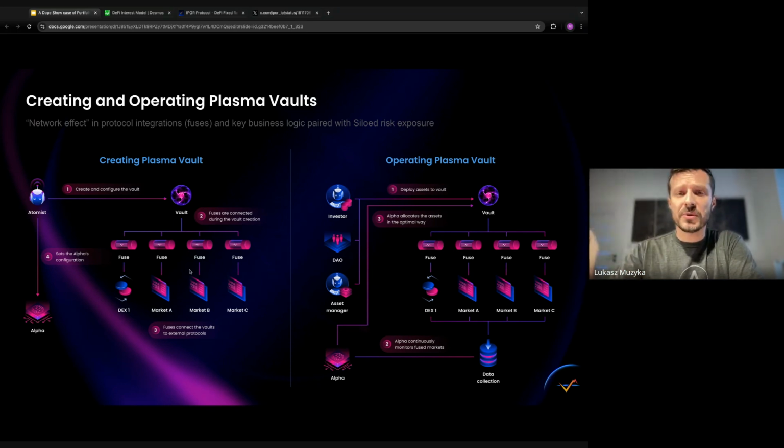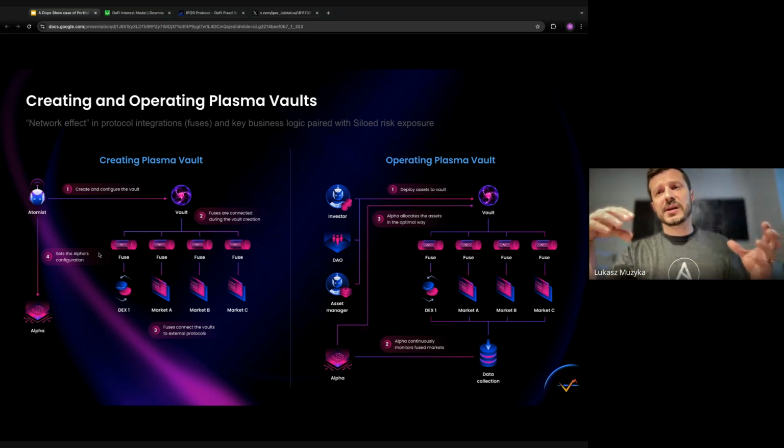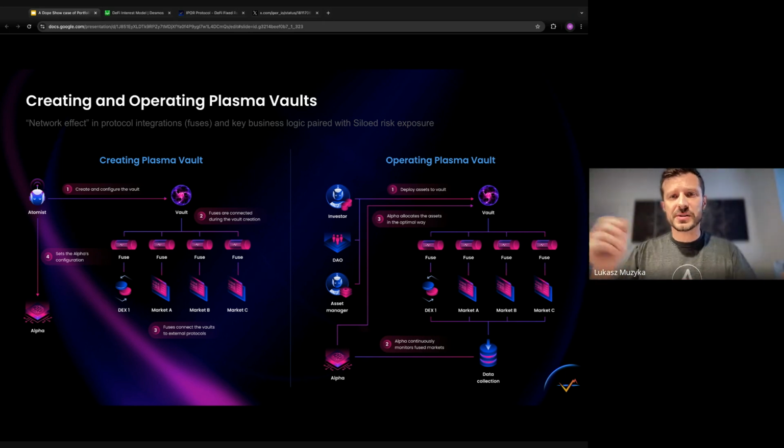They're non-upgradable, and they act as a way to connect the Vault to external DeFi protocols, DEXs, and so on. Through those fuses, the Vault can deposit assets, borrow assets, swap, claim rewards, etc.